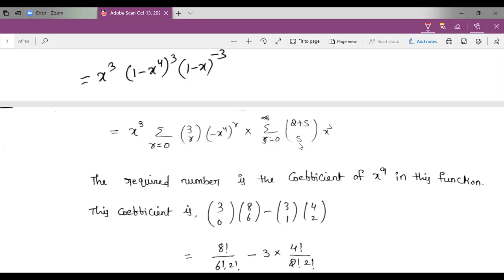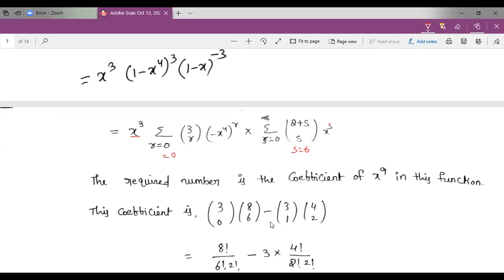And here s value is 6. So here x power 3, and in first case s is equal to 6. It gives total value x power 9. Here r is equal to 0, x cube into x power 6, here it is x power s. Okay. So total value gives x power 9 coefficient. So the value is 3C0, 2 plus 6, 8, 8C6.